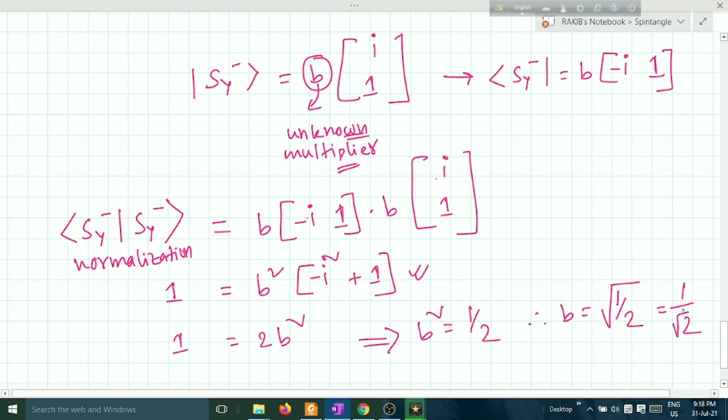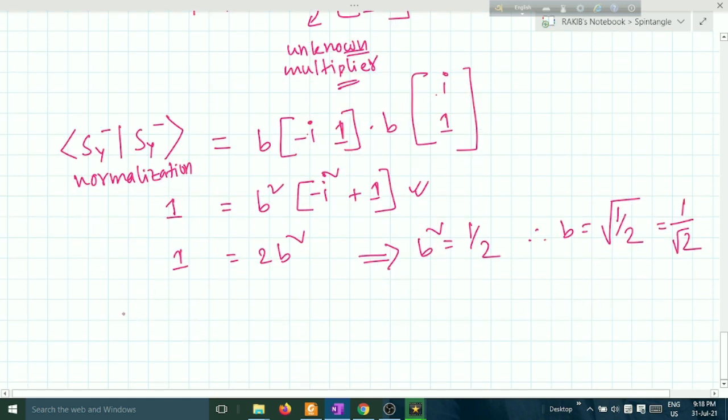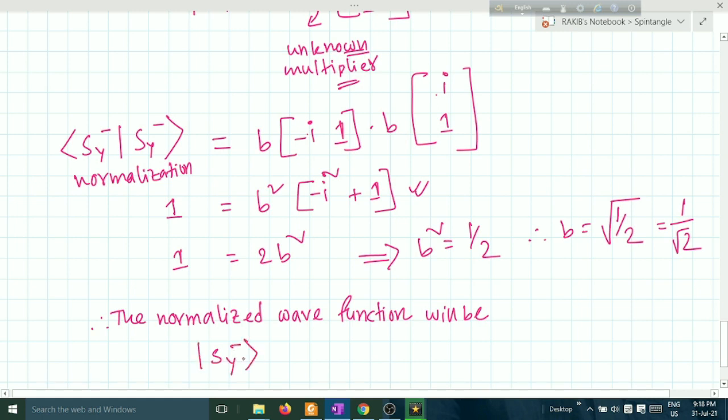Then the state becomes normalized. Therefore, the normalized wave function will be psi minus, which was given as b times i and 1, and we know the value of b is 1 by root 2, so 1 by root 2 times i and 1.